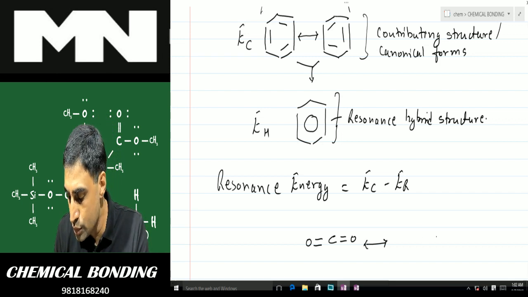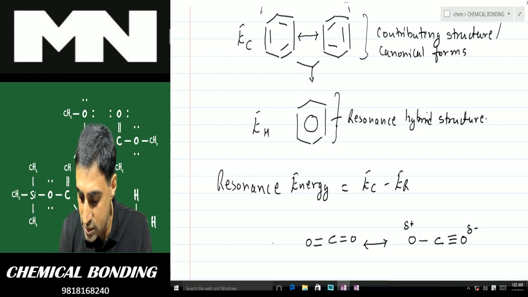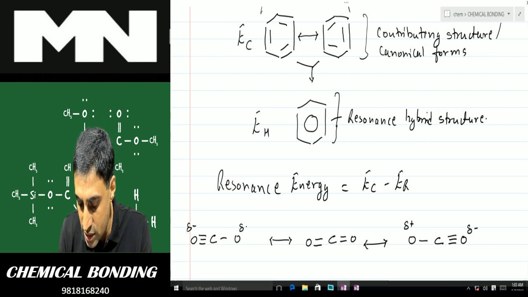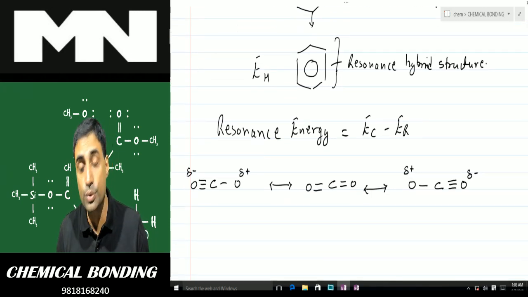So in CO2, when the pi electron moves toward one of the oxygens, that will acquire partial negative charge. The other oxygen will acquire a partial positive charge. Likewise, here in this case, this will acquire partial negative and the other one will acquire a partial positive charge. So these are the resonating structures of CO2.